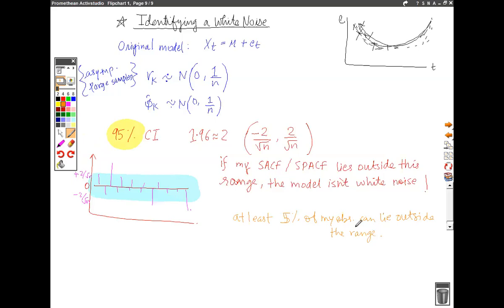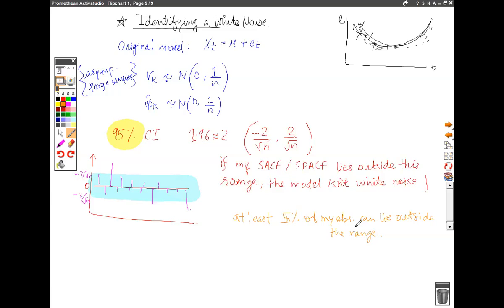If I'm looking at 20 lags, then 5% of those 20 is just 1.